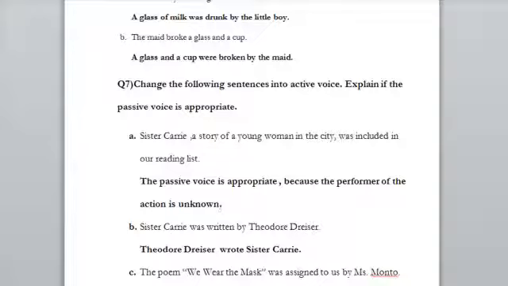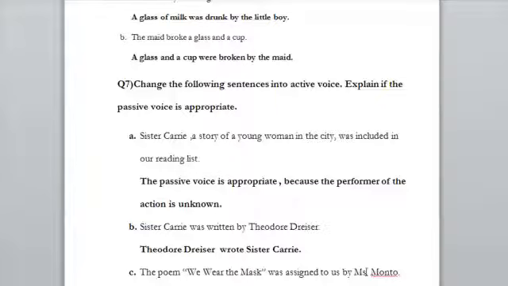The second one, the poem We Wear the Mask was assigned to us by Miss Monto. Can I change it into active voice? Yes. I hear someone telling the answer. Why? Because the performer is mentioned. And I told you, make it easy for yourself. It's just a small hint. Whenever you have "by," the performer or the subject of the active voice is mentioned.